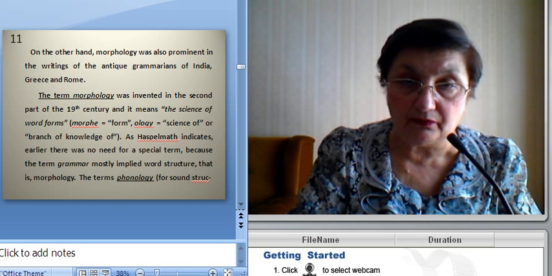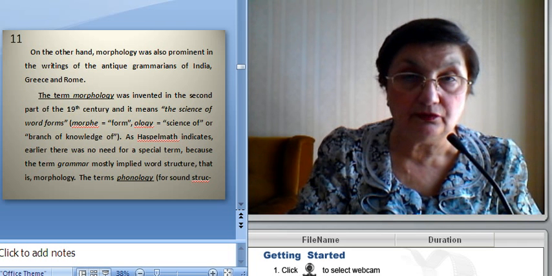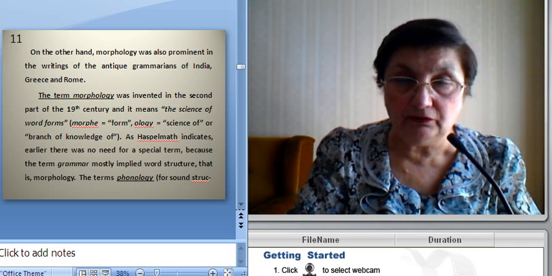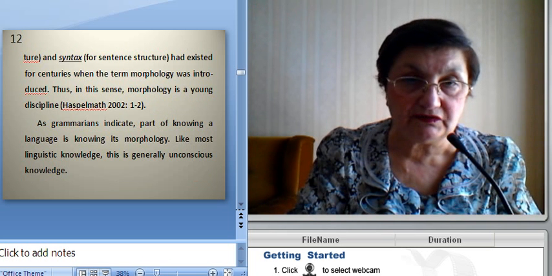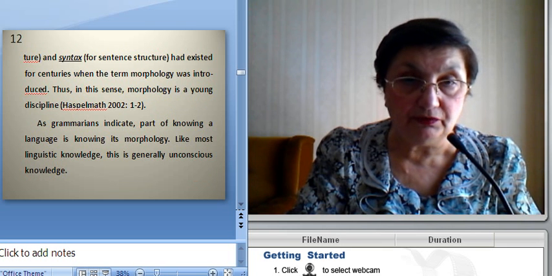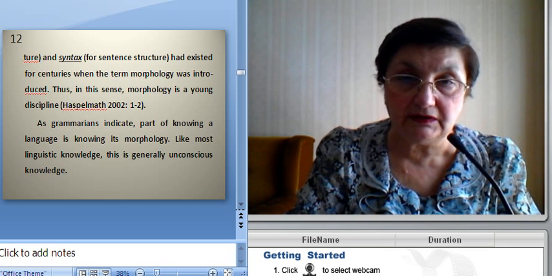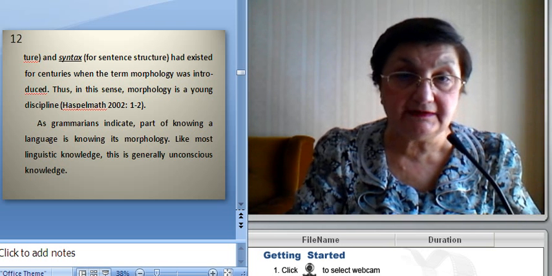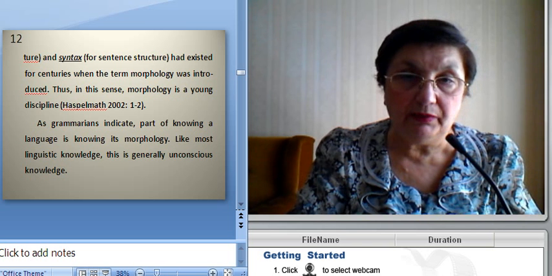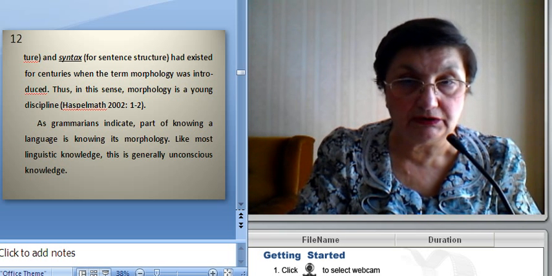The terms phonology for sound structure and syntax for sentence structure had existed for centuries when the term morphology was introduced. Thus, in this sense, morphology is a young discipline. As grammarians indicate, part of knowing a language is knowing its morphology. Like most linguistic knowledge, this is generally unconscious knowledge.